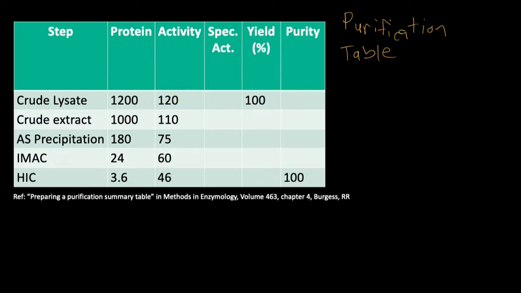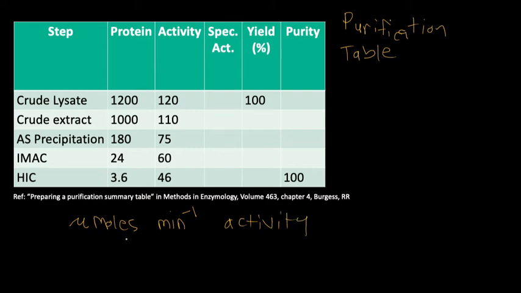A unit would be essentially how much product, typically in micromoles, gets converted. So let's write that down here. That would be micromoles converted per minute. Okay, so that's activity.